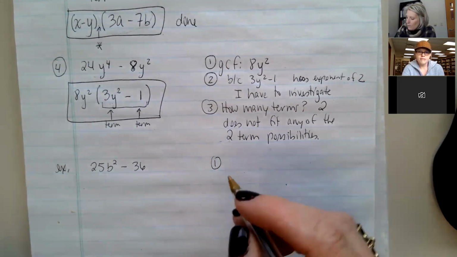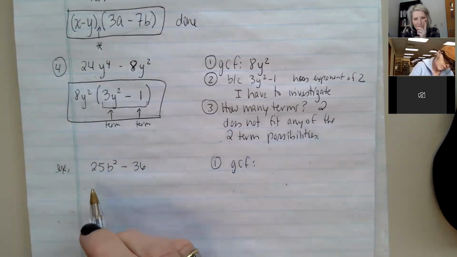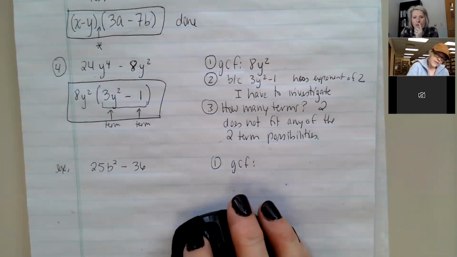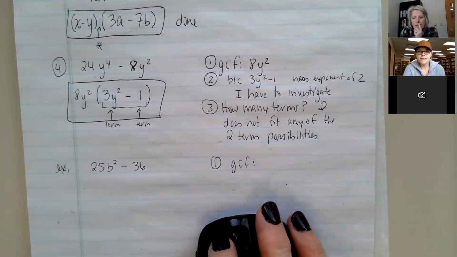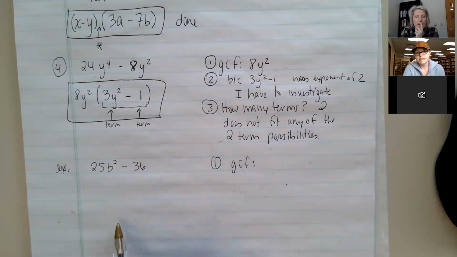Okay, so my first question is always, what is the greatest common factor? And do 25 and 36 have any common factors?